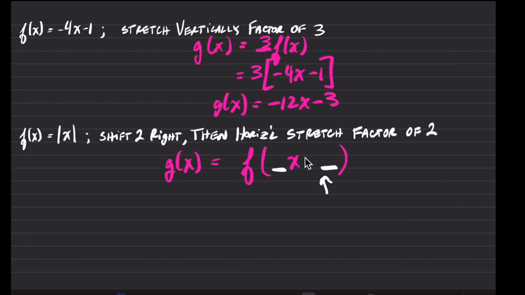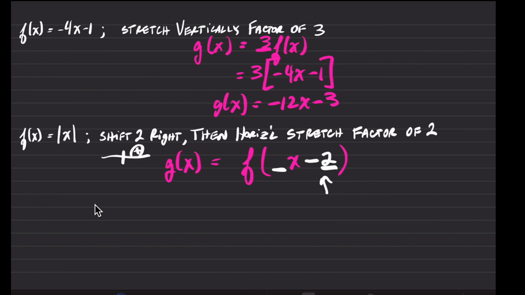So we're going to address this first. There's going to be no GCF. What's going to go here? If we're shifting 2 to the right, you know there's a 2 involved. Now, is this a plus or a minus? When we think of the right side of the horizontal number line, we think of plus. When we move it into our transform functions, we're going to change that to minus.